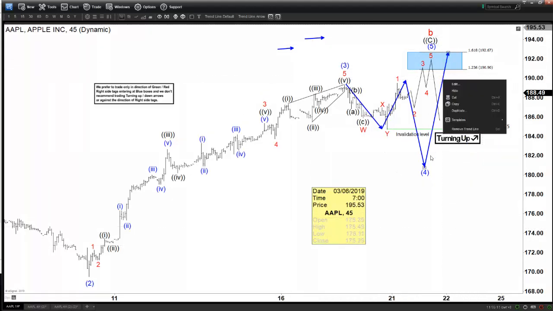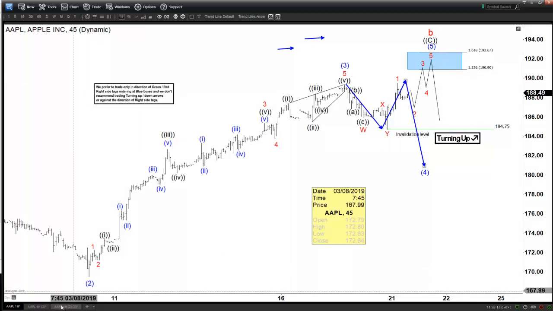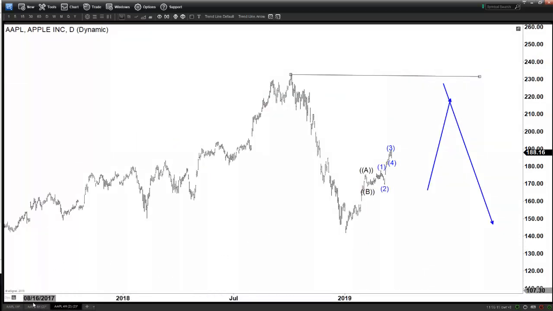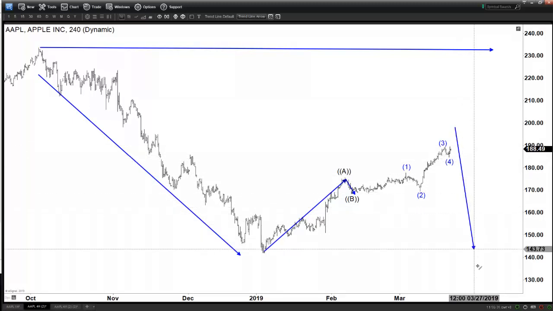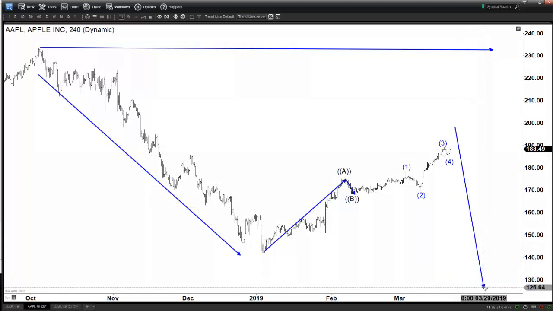But the idea is, again, that the message here really is we are getting closer and closer to ending this entire cycle that starts from January this year. We are getting there, right? And getting ready here. We should be all getting ready. We are getting there, and then should soon see some sort of correction, either in 3 waves or even going to the next leg to the downside.